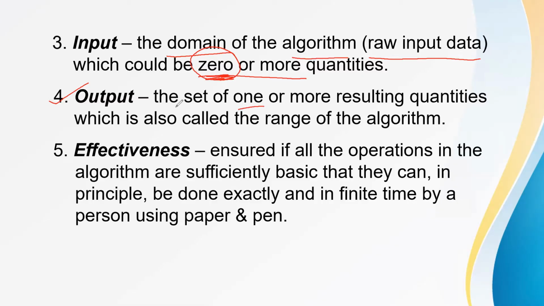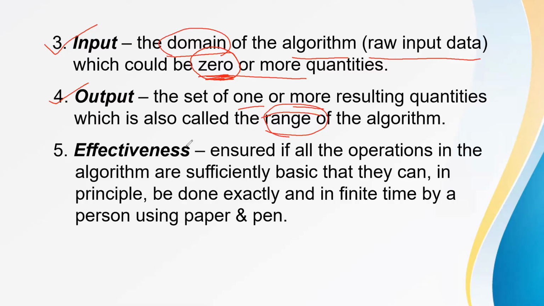Okay, so output is the set of 1 or more resulting quantities, which is also called the range of the algorithm. So input of the algorithm or program is called domain of the algorithm, while output is called range of the algorithm.